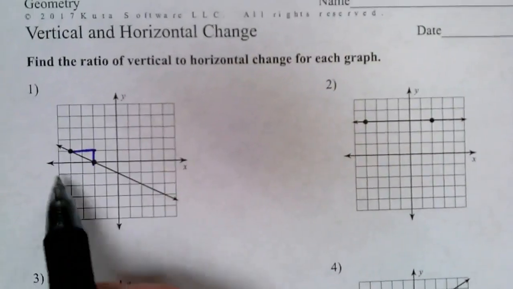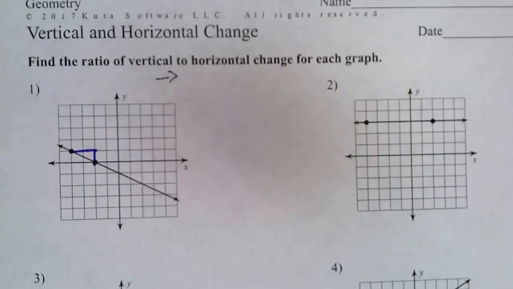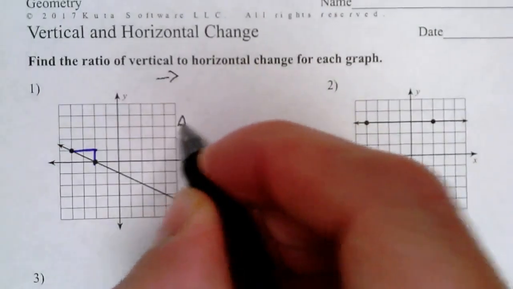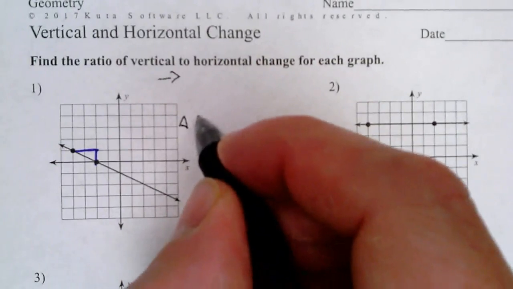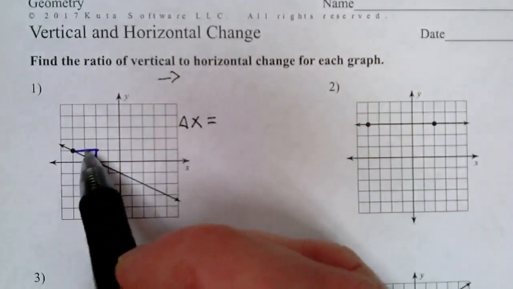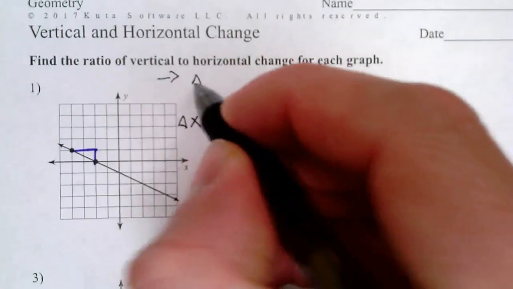So our horizontal change from point A to point B, and by the way, we're always going to be traveling to the right in these examples. So our horizontal change, our delta x, will equal, and we just count spaces, 1, 2. All right, so let's make a little note here.